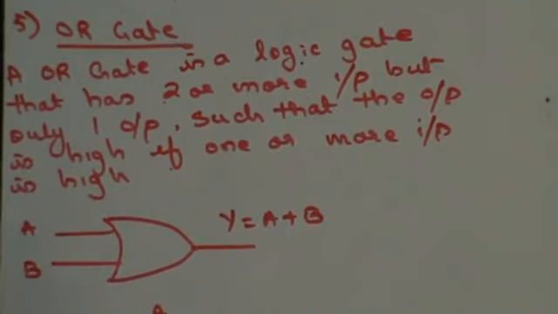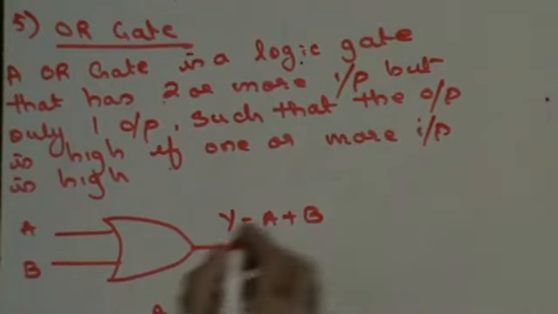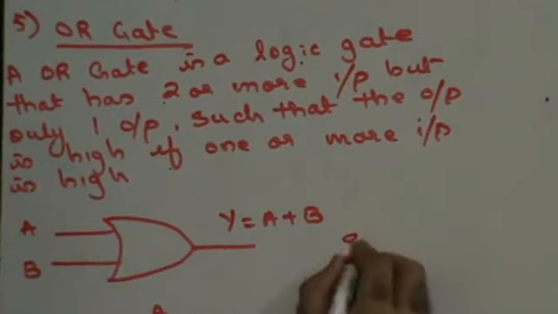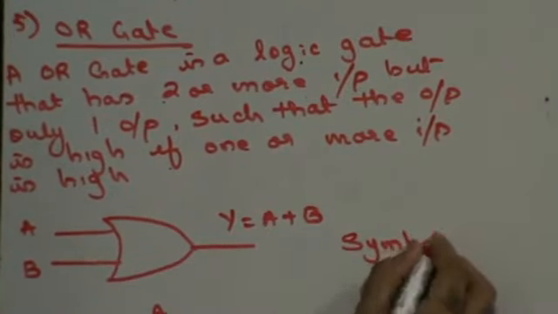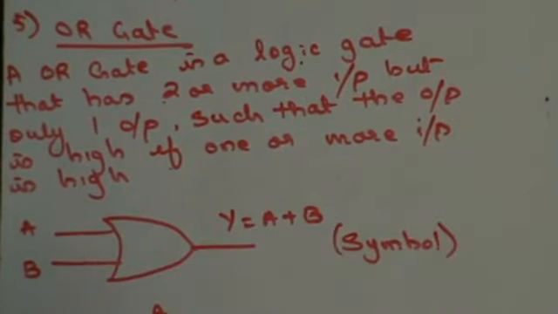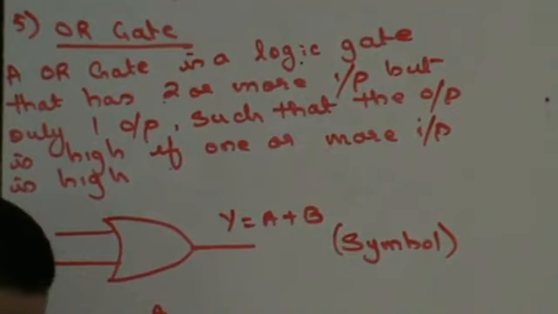If both the inputs are low, the output is low, otherwise the output is high, right? So this is going to be my truth table. So this is your symbol, this is your electrical circuit, and this is your truth table.